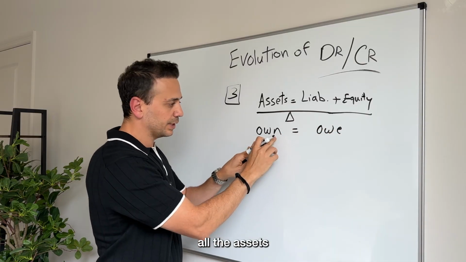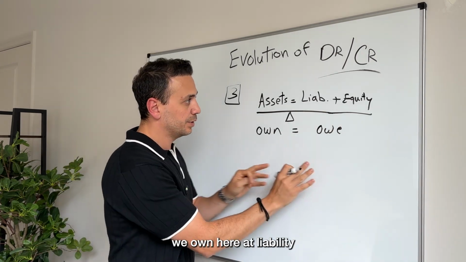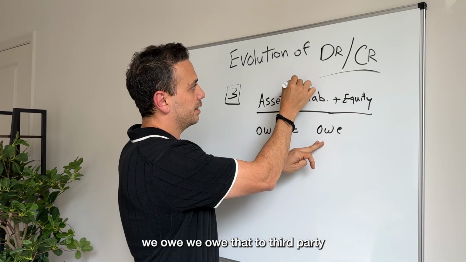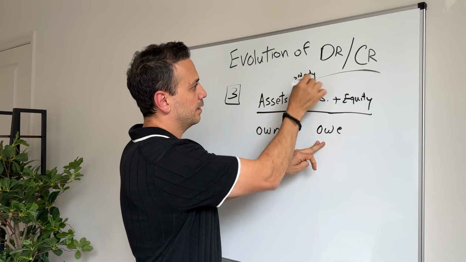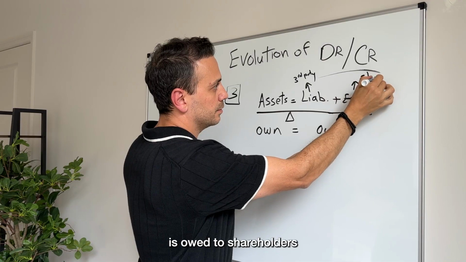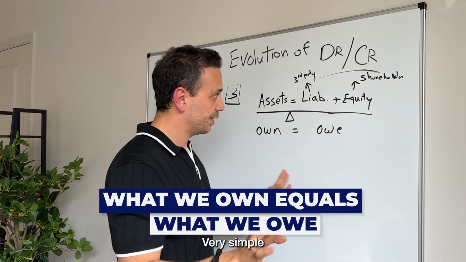So what we own, all the assets, inventory, cash, accounts receivable, stuff we own. Here, liability, we owe that to third parties, and equity is owed to shareholders. All right. So what we own equals what we owe. Very simple.